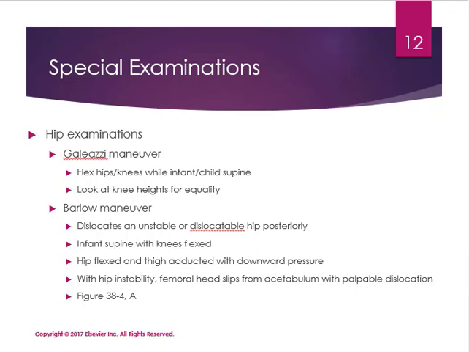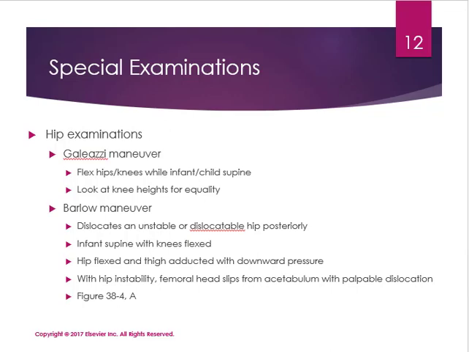And if there is hip instability, then the femoral head slips out of the acetabulum with a palpable dislocation. It's important that this maneuver be done gently in a non-crying infant to keep from damaging the head of the femur, and one hip should be examined at a time. And typically the hip will relocate after the release of the posterior force.